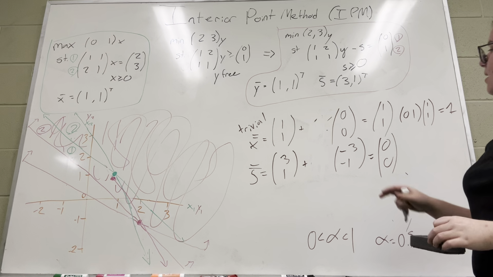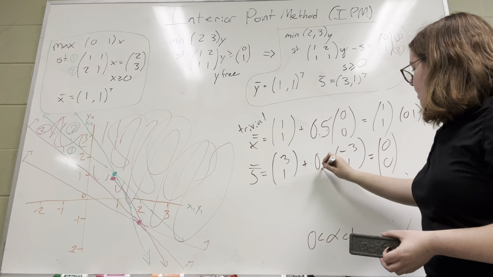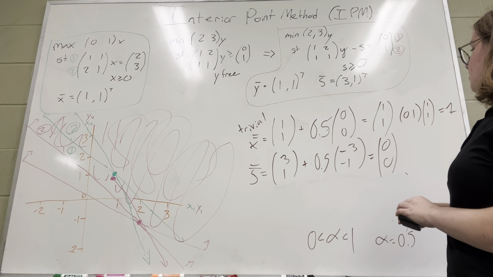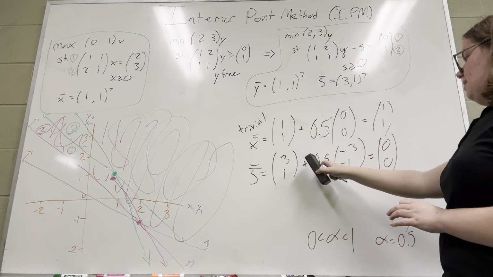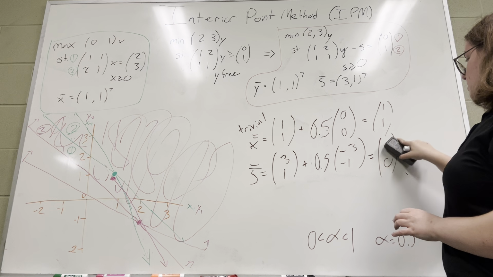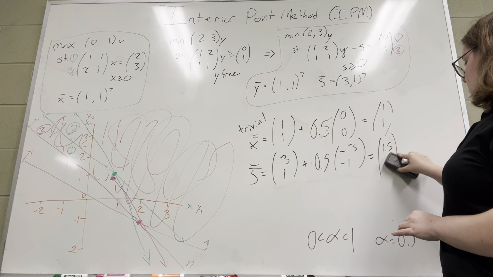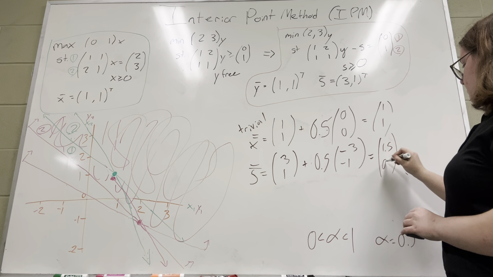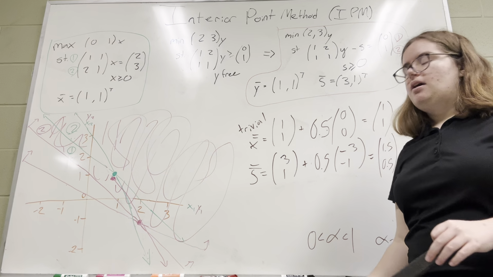I don't think you do, but we'll see. Plug in 0.5 instead. Okay, what is this going to get me? Well, it's still 1 over here. What is this going to get me? Okay, well, this is going to be 1.5 and 0.5. So this is my new x bar, and this is my new s bar.